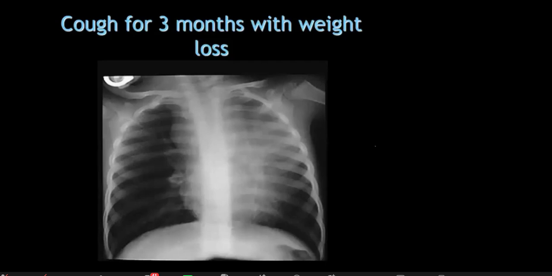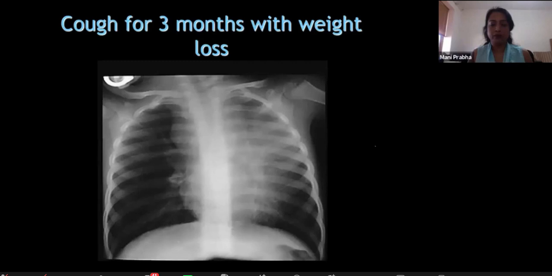Sure. So I'm presented with a chest radiograph of a pediatric patient with a 3-month history of weight loss. First thing to note here is there is some patchy opacification in the left upper to mid zone, and there's obscuration of the left heart border.